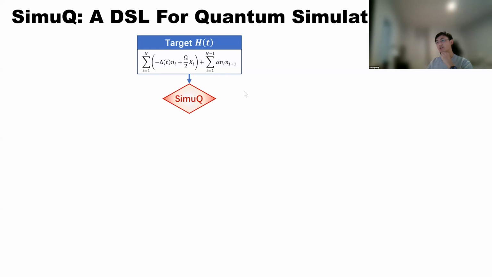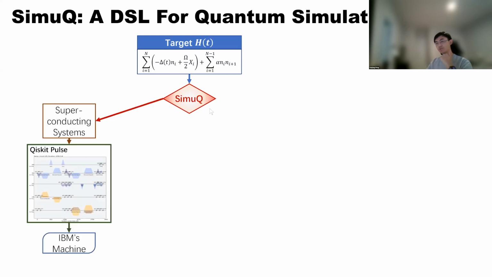We then send this target Hamiltonian into SimuQ, and SimuQ lets you choose what platform you want to compile to. For example, if you want to compile to superconducting systems, you can generate a Qiskit pulse program that can be directly sent to the IBM machine to execute the pulses and give you the simulation result of this Hamiltonian.